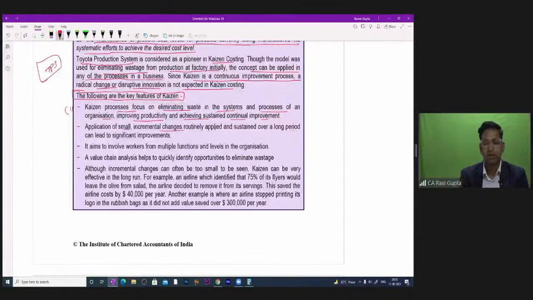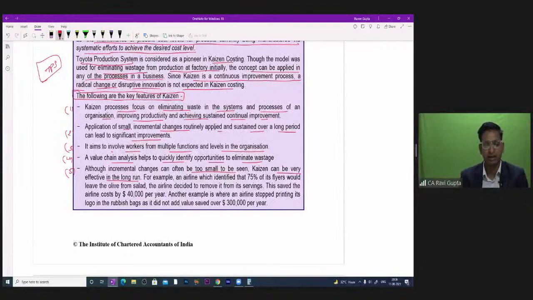Small incremental changes routinely applied and sustained over a long period can lead to significant improvements. It aims to involve workers from multiple functions at all levels in the organization. A value chain analysis helps to quickly identify opportunities to eliminate wastage. Although incremental changes can often be too small to be seen, Kaizen can be very effective in the long run.